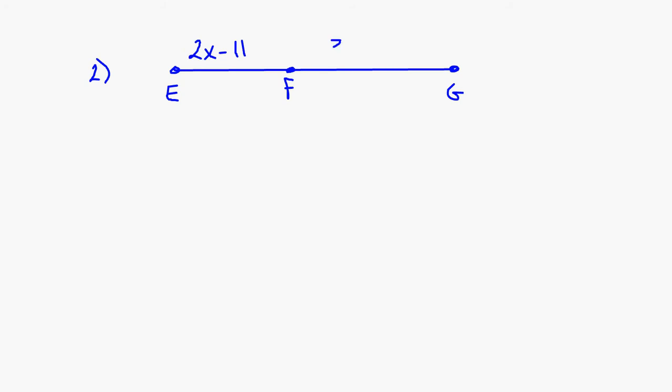Number 2. E, F, and G again on these segments. E to F is 2x minus 11. F to G is 3x minus 16.